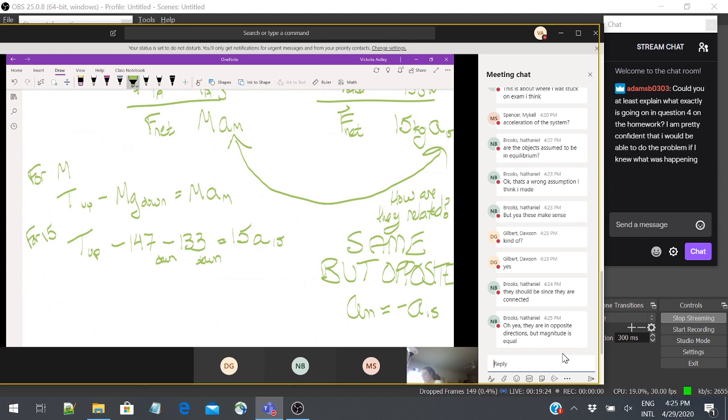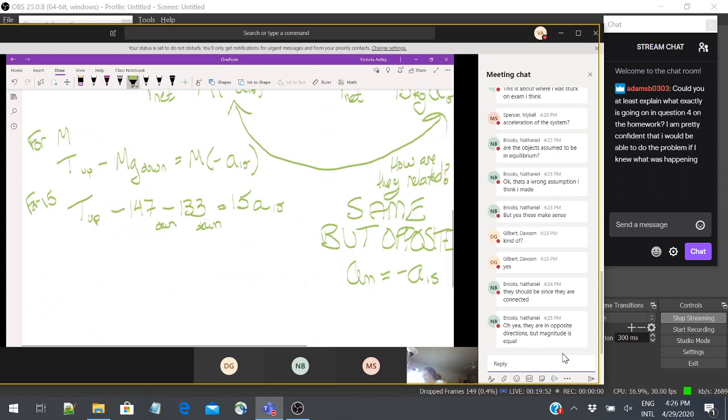So I can replace that right here with negative A15. Replace that here with negative A15. Okay. So now I have two equations, but how many unknowns do I have? 3. I don't know T, I don't know M, I don't know A.